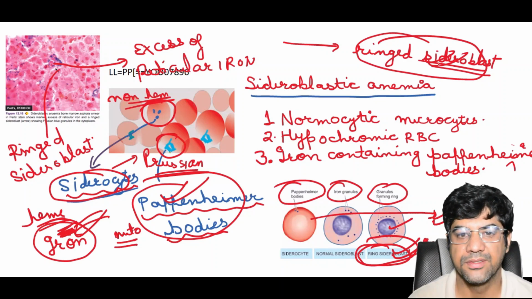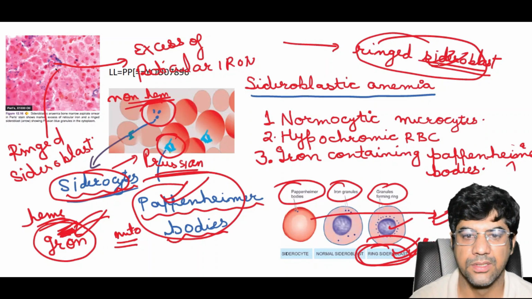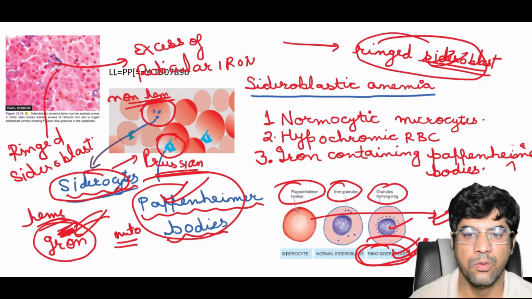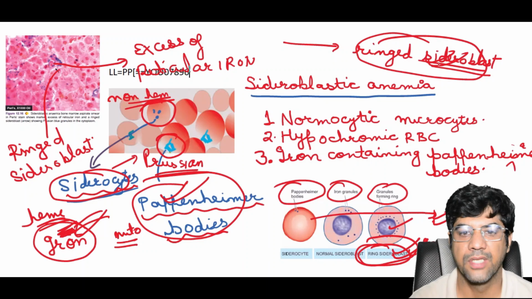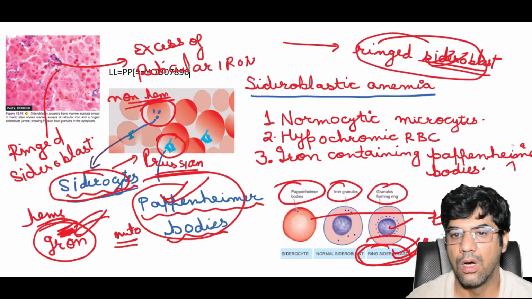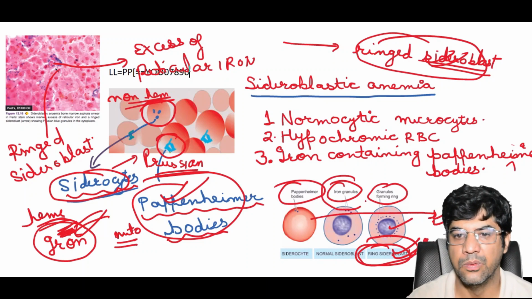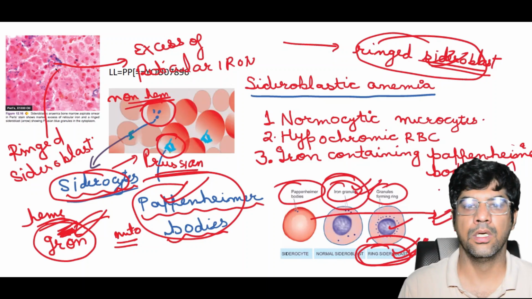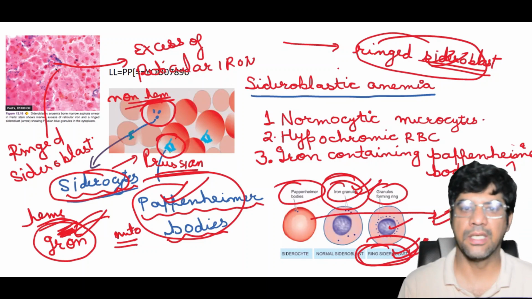There can be normal sideroblasts or abnormal sideroblasts, or there could be ringed sideroblasts having large granules forming a ring around the nucleus due to these iron granules.